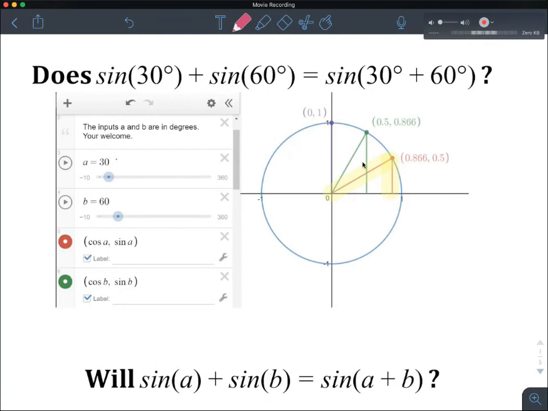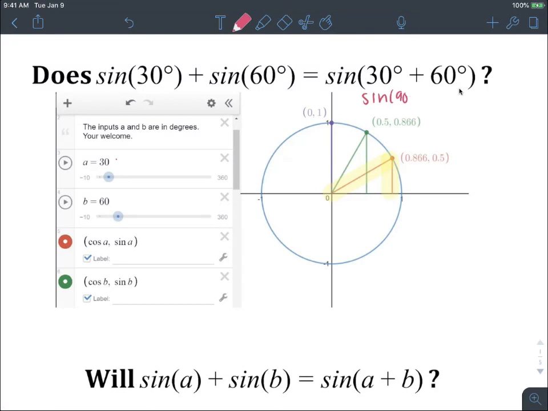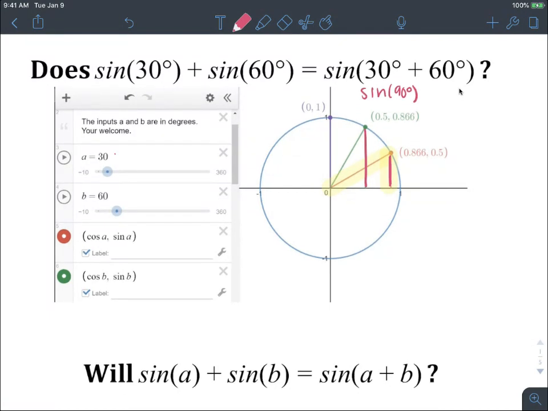So if I want to find the sine of 30 plus 60, that would be basically the sine of 90. What I want to know is, will the sine of 60 plus the sine of 30 equal 1?